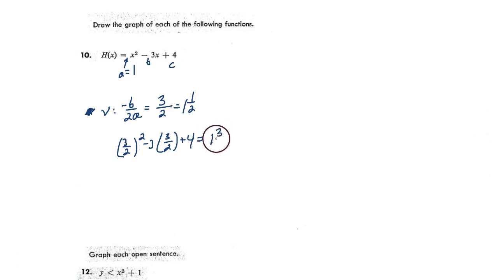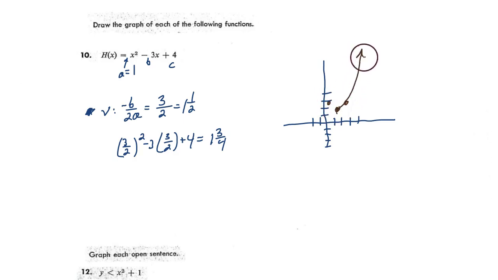This is 1 3/4, assuming I typed it in right. So the vertex is over 1.5, comma 1 and 3/4, about right here. Now the value of A is 1, so go over 1, up 1, left 1, up 1, and draw in a U shape.